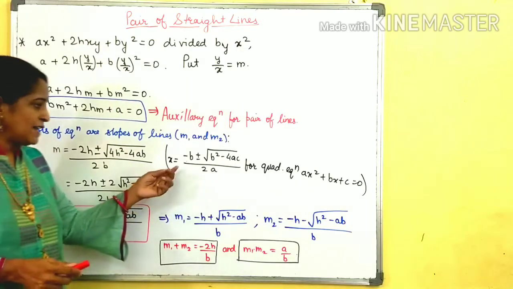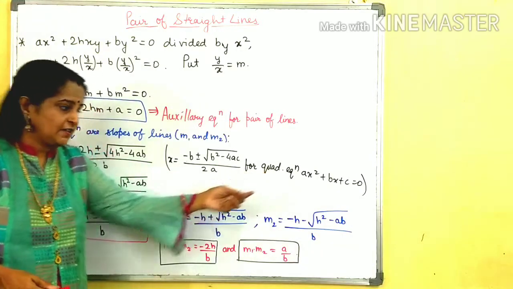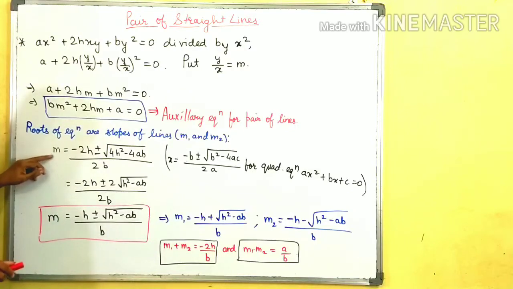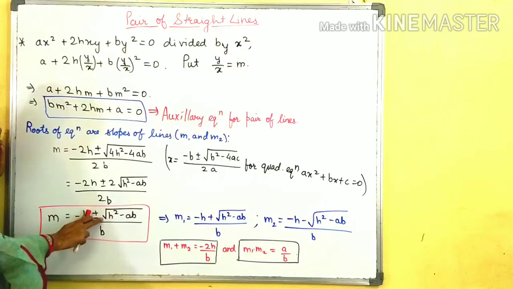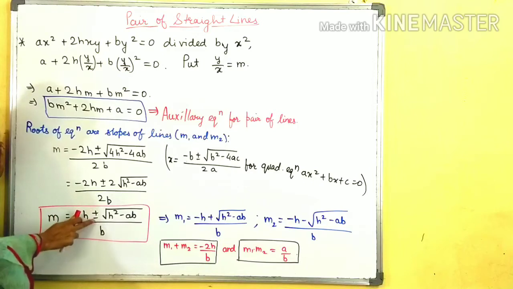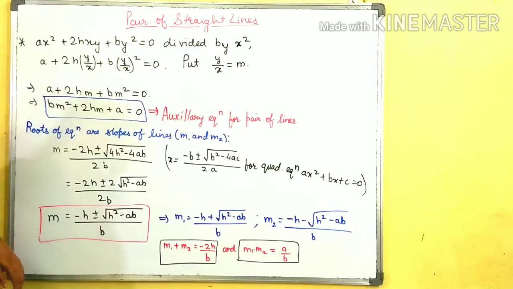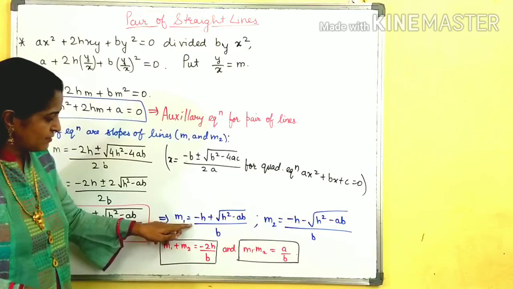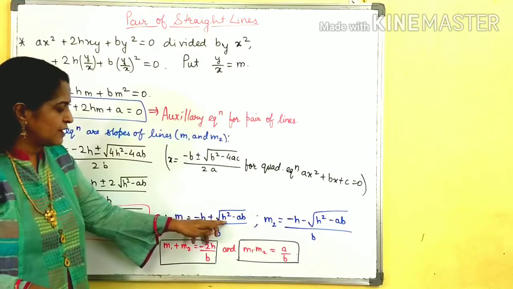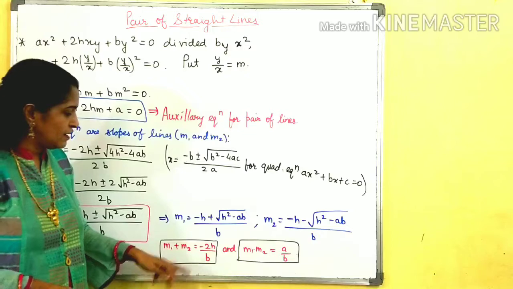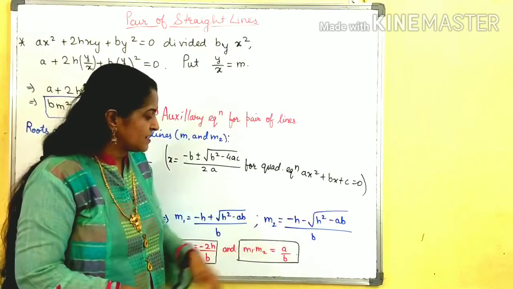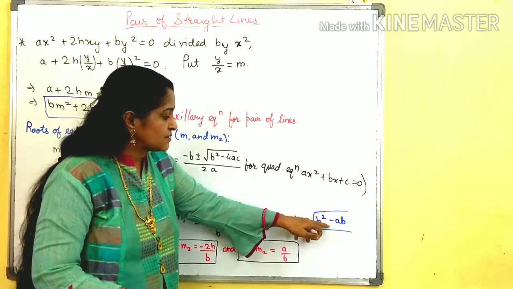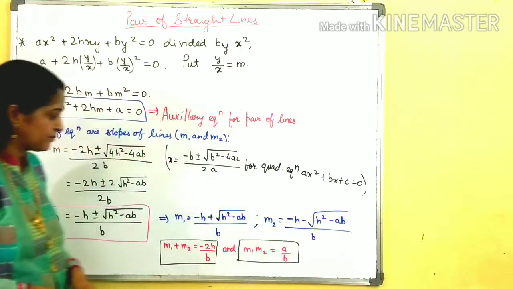As we get two values of x for any quadratic equation, here also we get two values for m, which is minus h plus minus square root h square minus ab upon b. One value is for plus and the second value is for minus. That is, m1 is equal to minus h plus square root h square minus ab upon b, and m2 is equal to minus h minus square root h square minus ab upon b.